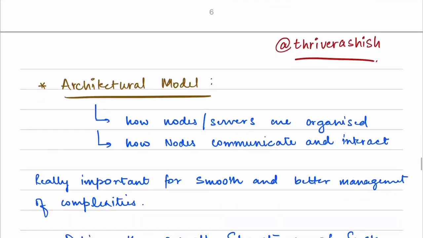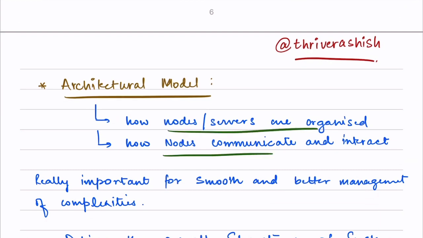Then there is a term called architectural model. As you know from the word, architecture is nothing but the design of the system: how the servers are organized, where the services will be placed, which service will call which service, and how they will be communicating.